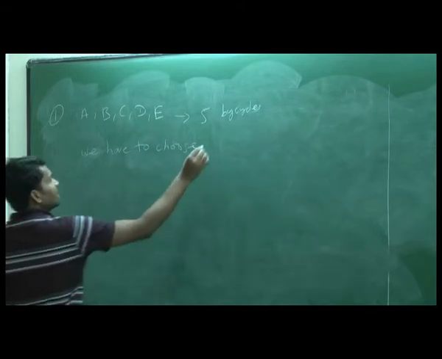How many ways can we do it? It will be 5 factorial by 5 minus 3 factorial, which is 5 factorial by 2 factorial, 120 by 2, which is 60.